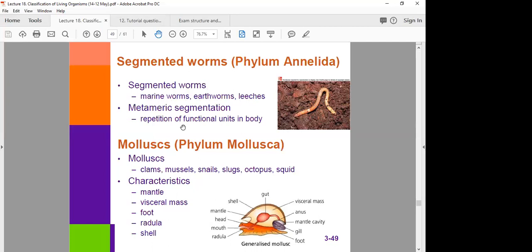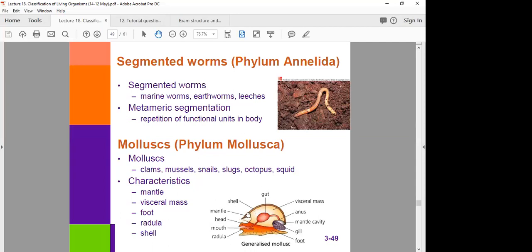Next group are the mollusks, phylum Mollusca, and this includes clams, mussels, snails, slugs, octopus, and squid. Here are the characteristics of the mollusks, but not every mollusk will have every one of these characteristics. So we can look at these in this image of a generalised mollusk. So let's start with this part here, which is referred to as the visceral mass, and this contains all the organs.